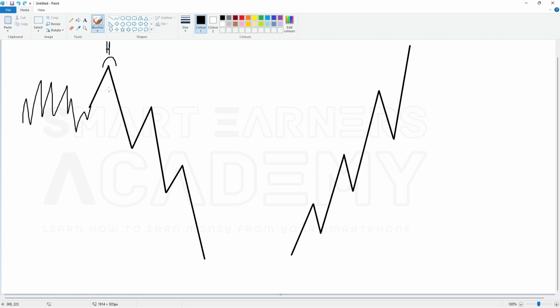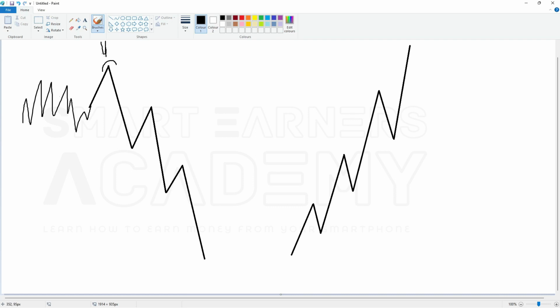So let's say, for example, here, this area would be a low. Why? Because this is the previous lowest point of price, before it came back up and then went back down. Let me explain the high one more time.